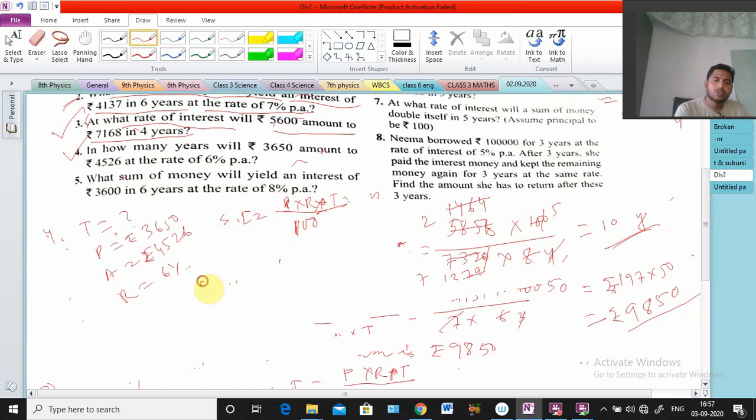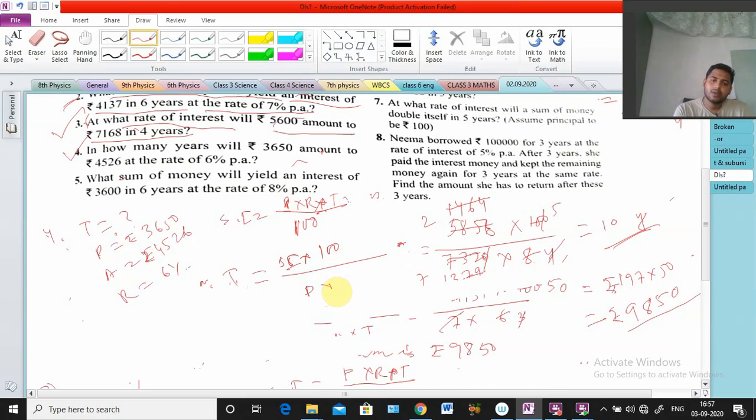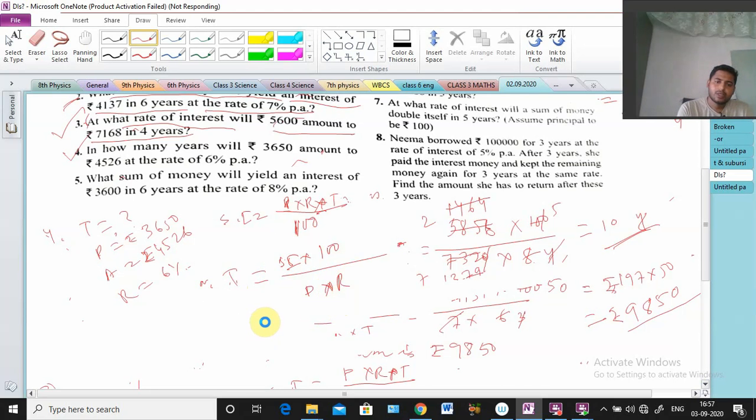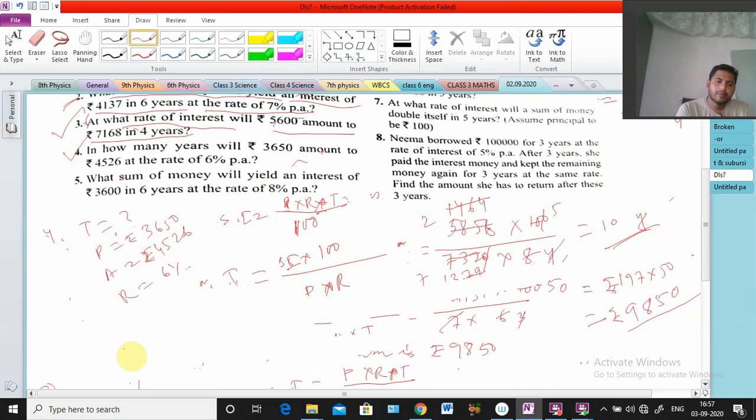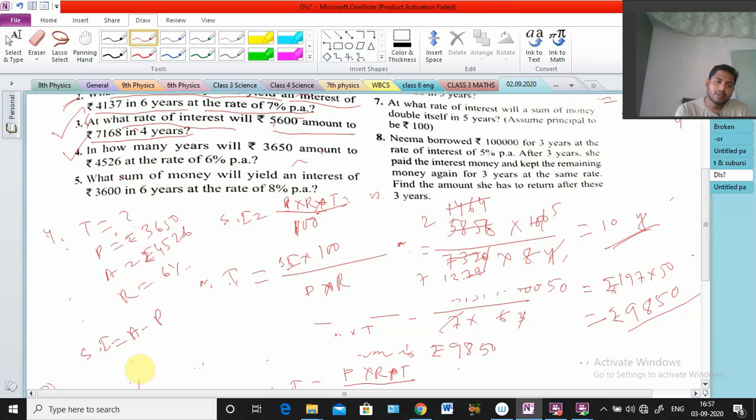So T equals SI into 100 by P into R. We need SI, but SI is not given here. SI formula is amount minus principal.